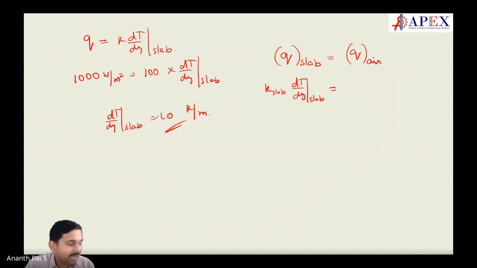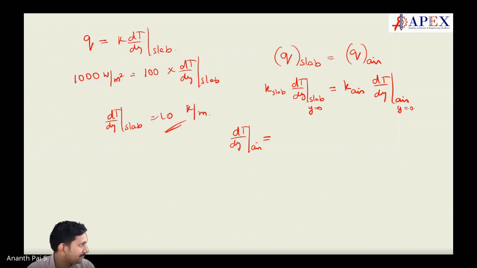Q in the air is equal to K of the air into dt by dy of the air. And this slab is at y is equal to 0. This is also at y is equal to 0. It is not something else. Agreed?